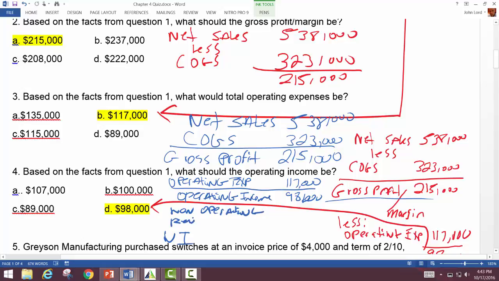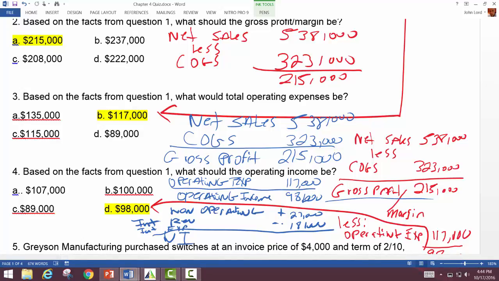Interest revenue? What was it, 27,000? And then I had what? Interest expense. How much was that? 18,000. Okay, good. So 98,000 plus 27 minus the 18,000 interest expense gives me what for net income?